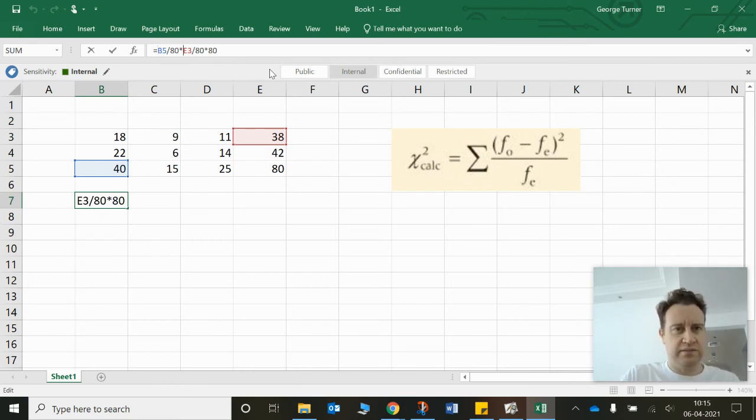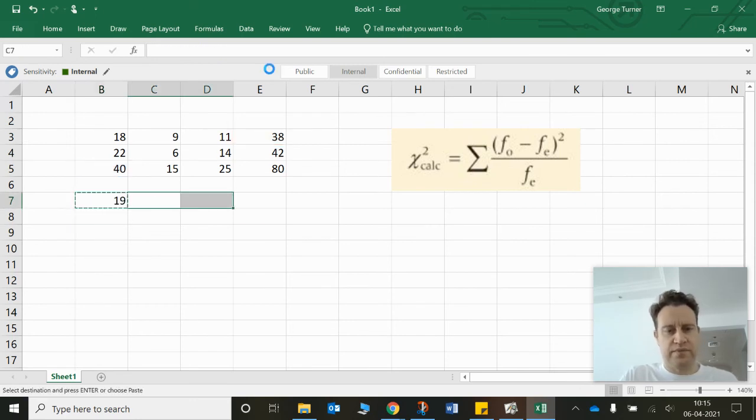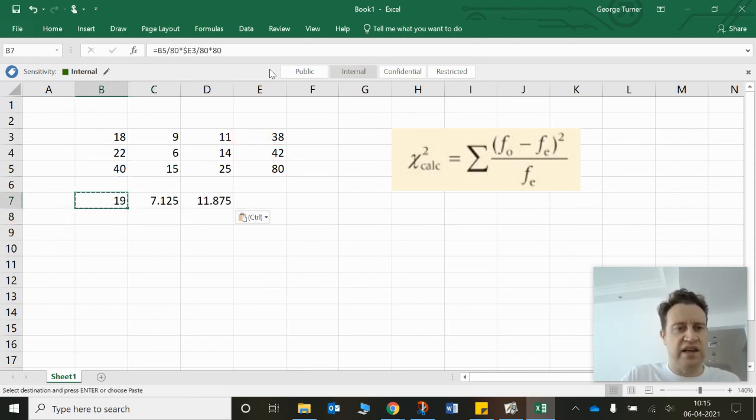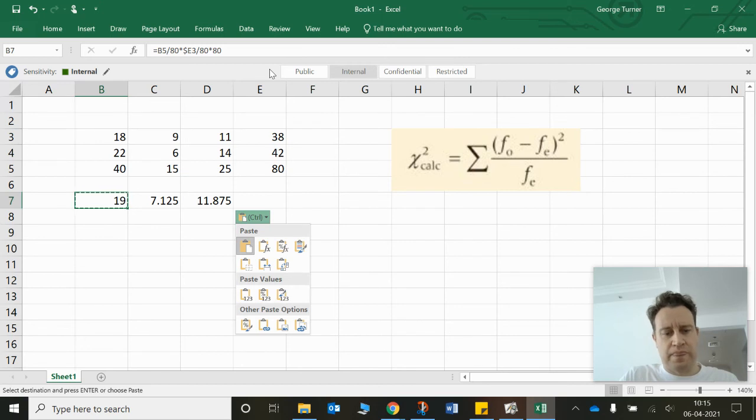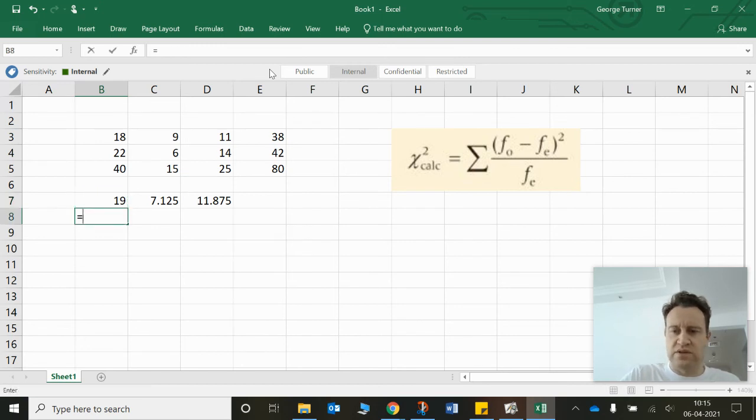So fix it to E. Sorry, going a little slow here. Okay, and then I want to fix those ones to the bottom as well. I'm not thinking clearly here.